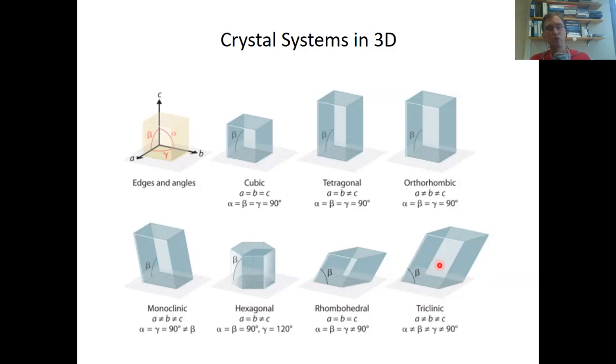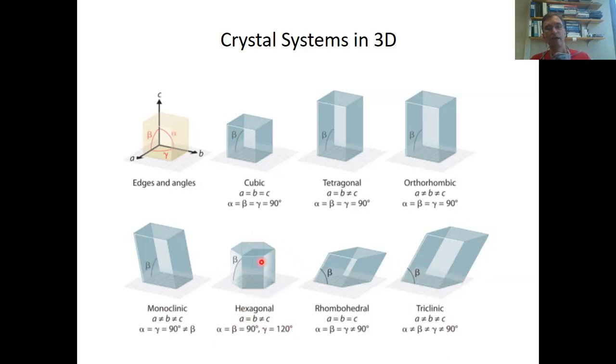Then there are two more crystal systems to consider. There's the so-called hexagonal one that contains a six-fold axis. In the hexagonal one, we have A equal to B being unequal to C, and alpha is equal to beta is equal to 90 degrees, and gamma is 120 degrees.